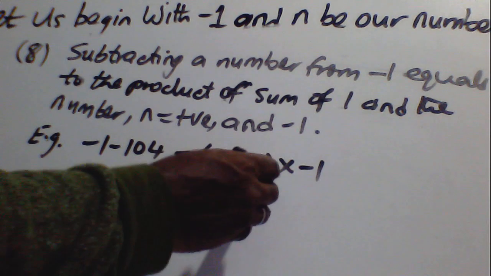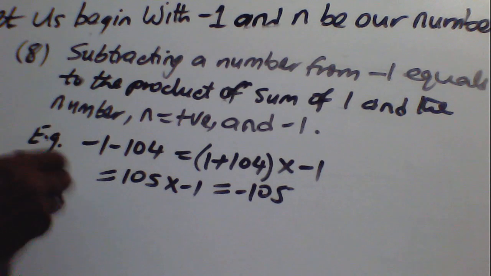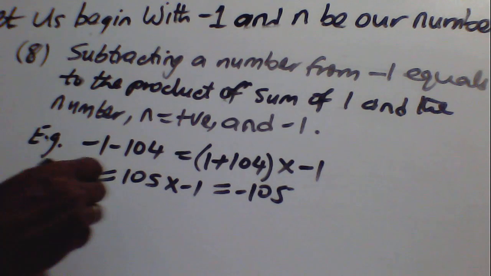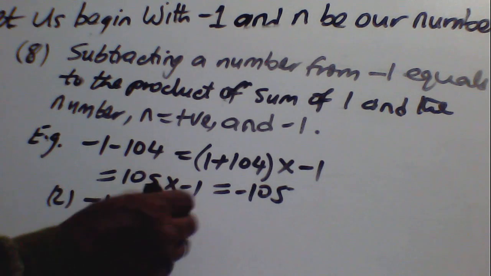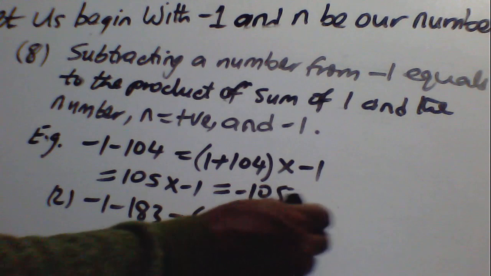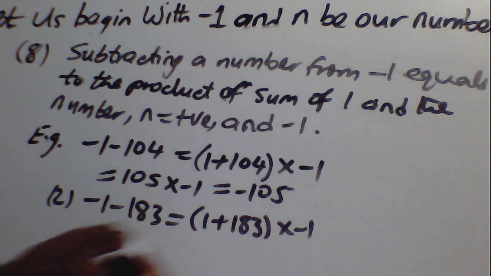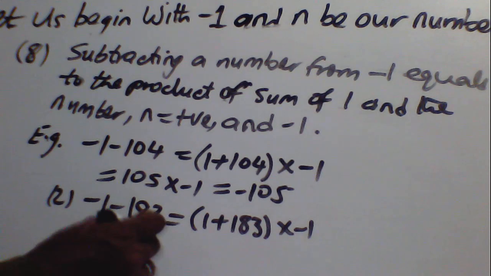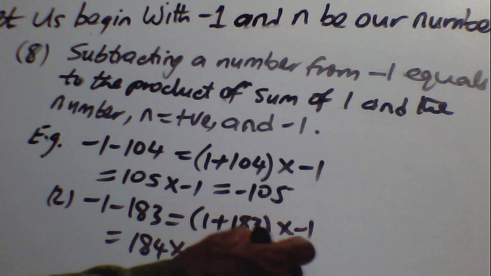You have minus 105. The second example is minus 1 minus 183 is equal to 1 plus 183 times minus 1. So 1 plus 183 will give us 184 times minus 1. We have minus 184.